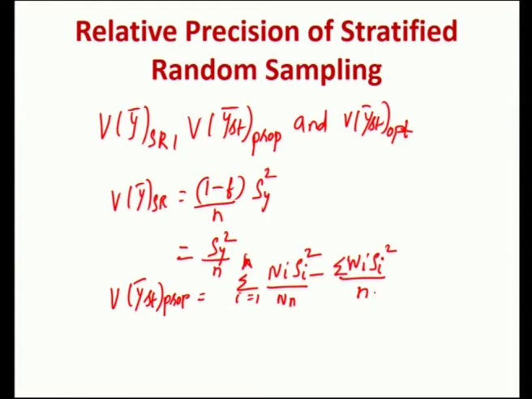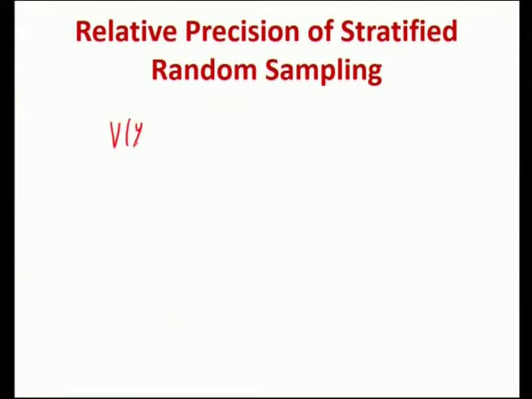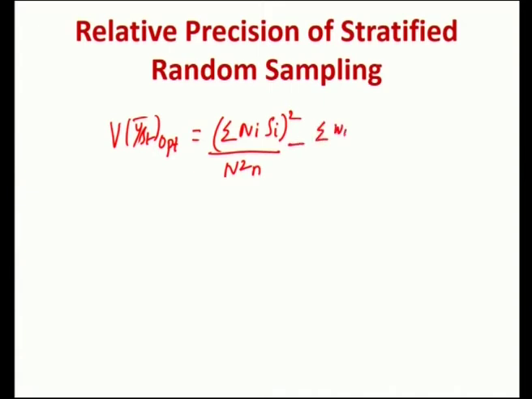And we will write the variance of Yst bar in Neyman's optimum allocation as summation Ni Si the whole squared by capital N squared into small n minus summation Wi Si squared by n.